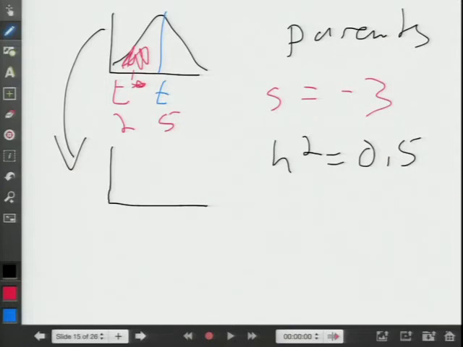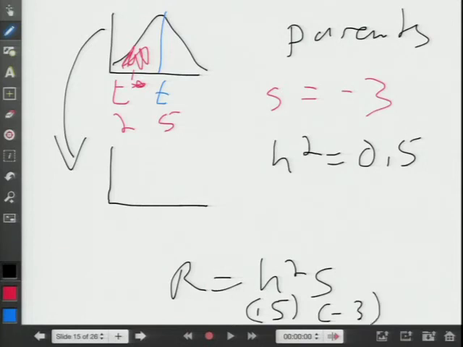It'll be 50% of what? Well, it's all about the trait that's favored. F was -3, so R equals h squared F. R equals 0.5 times -3, which is -1.5.